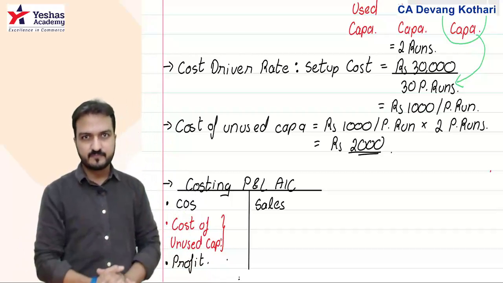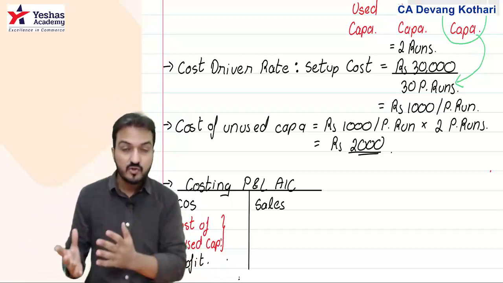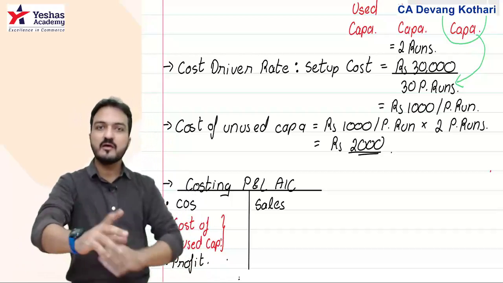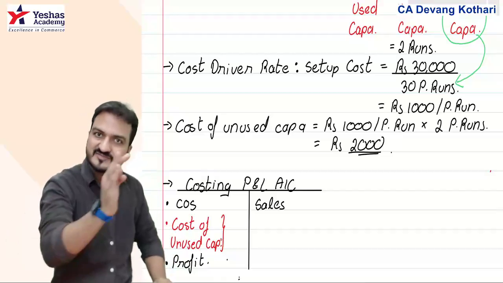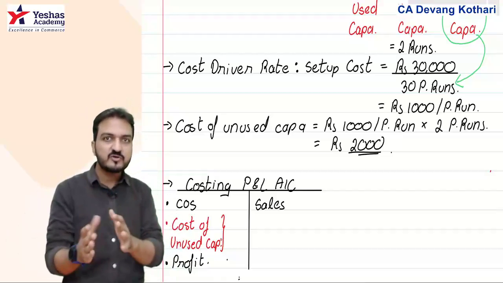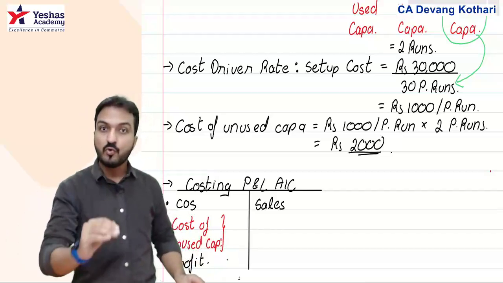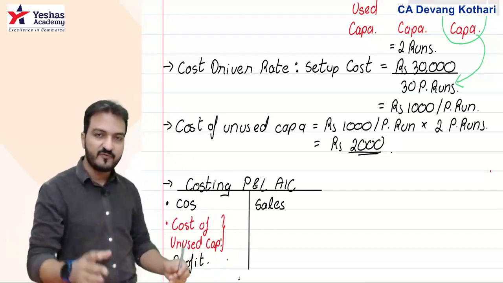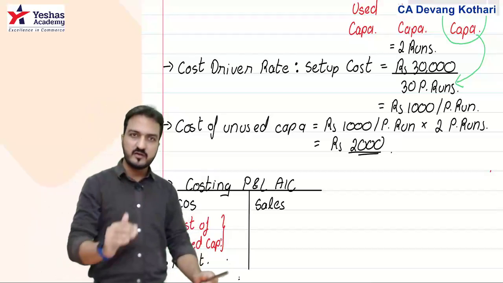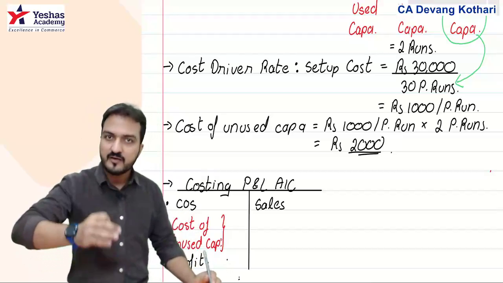Yes. So for the unused capacity, you will never incur a variable cost. Variable cost is incurred only if you use that capacity. So a cost of unused capacity will come only and only for fixed cost. This entire concept will come only if that cost is in reality a fixed cost.